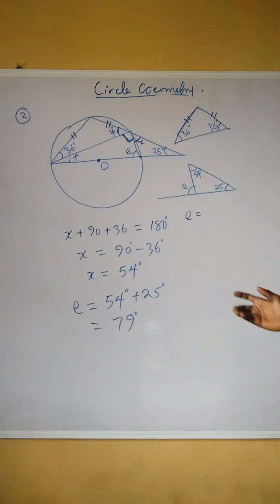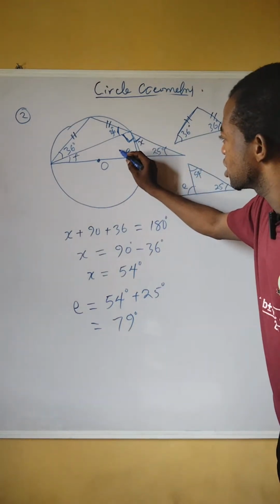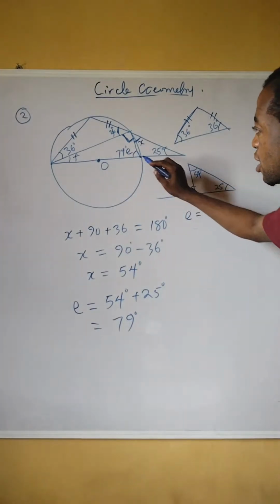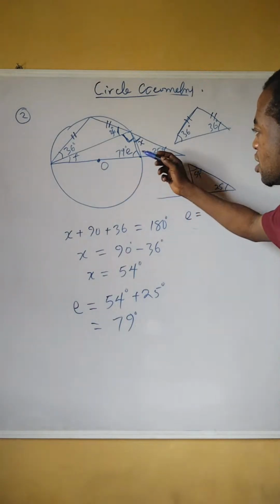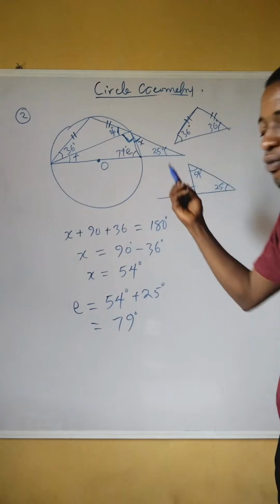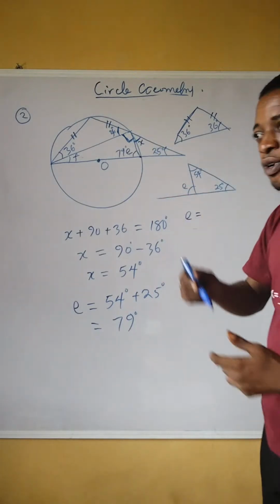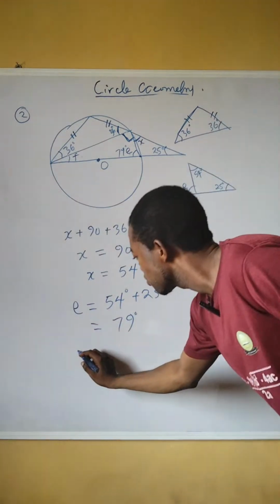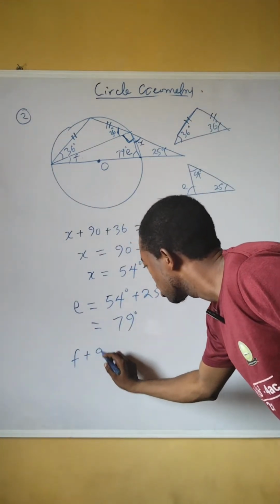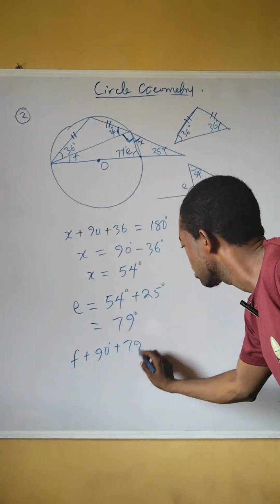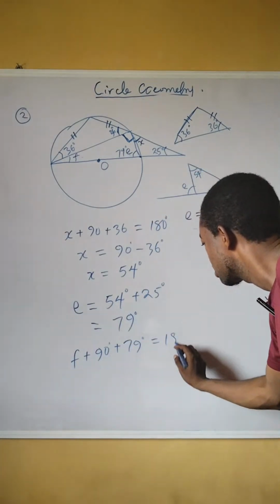So we are good to go. We got this as 79 degrees already, so we don't have much time to waste. To get F now, very easy. Consider this triangle: 79, 90, F. The sum of angles in a triangle is 180 degrees. So F plus 90 degrees plus 79 degrees equals 180 degrees.